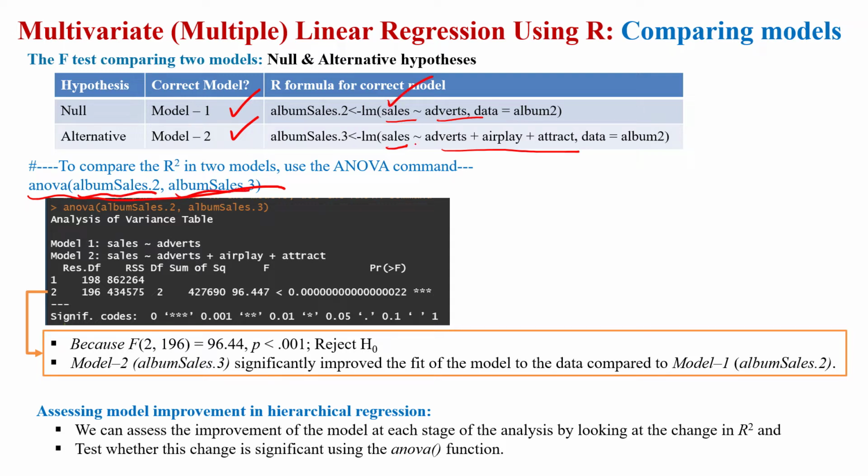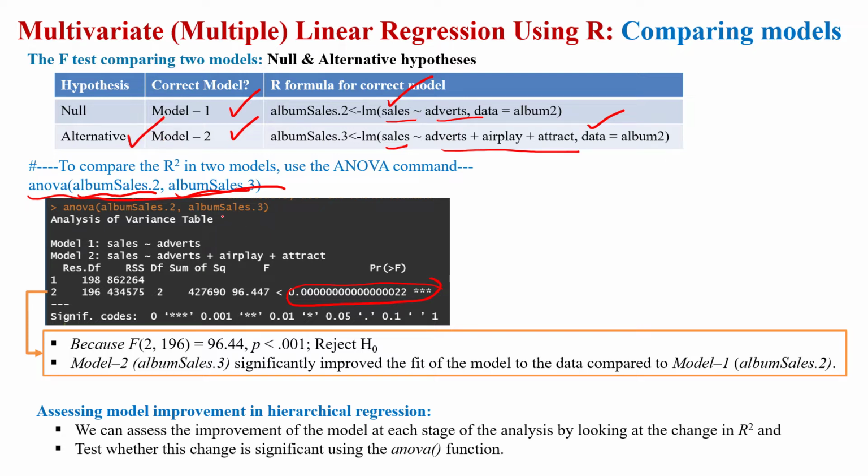In this variable we have the fitted result of this model, and once we get this result, with the help of this p-value we can easily say that because it is less than even 1%, we will reject h naught. Reject h naught means model 2 is significantly better than model 1.